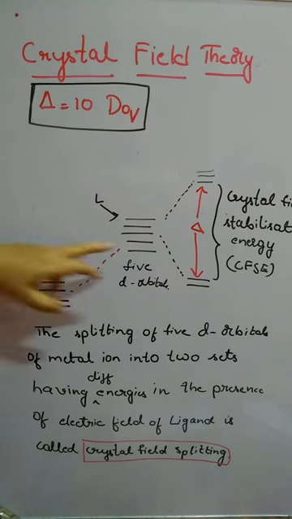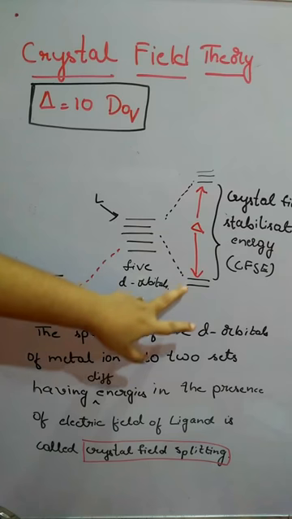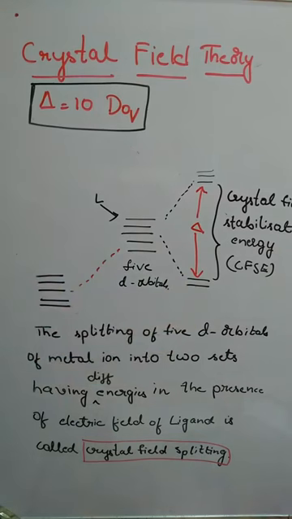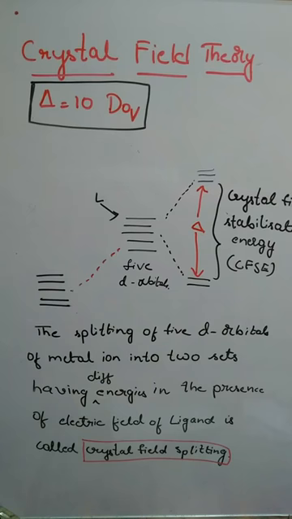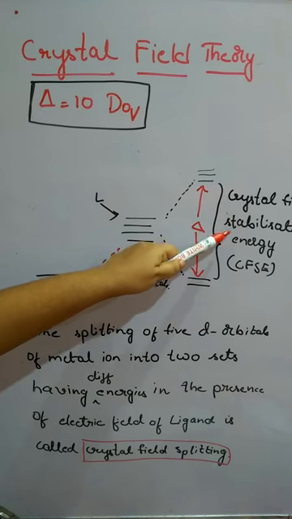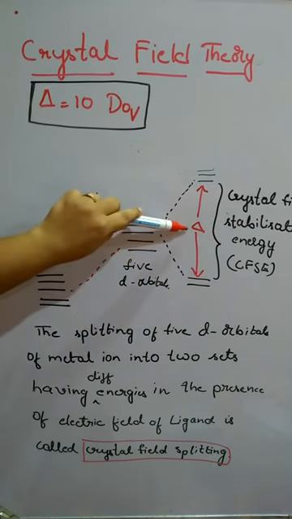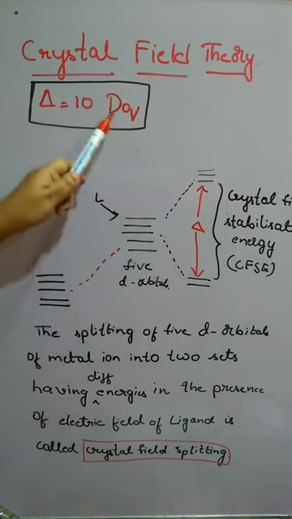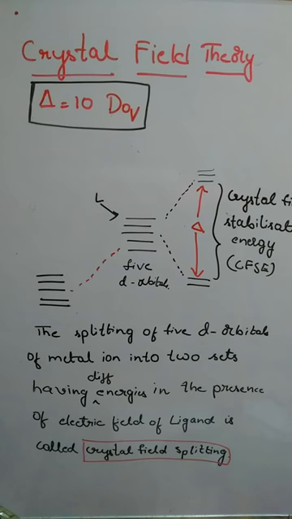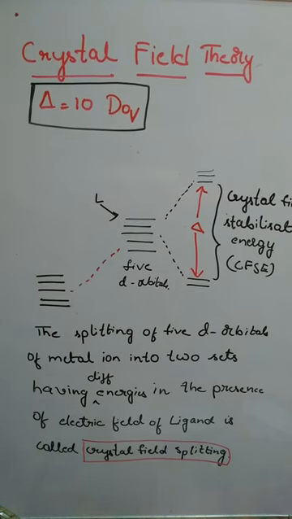The extent to which the energies of these two sets of orbitals are split is called the crystal field splitting energy, denoted by delta. It is measured using a parameter called Dq, to which we have arbitrarily assigned a value, and delta equals 10 Dq.